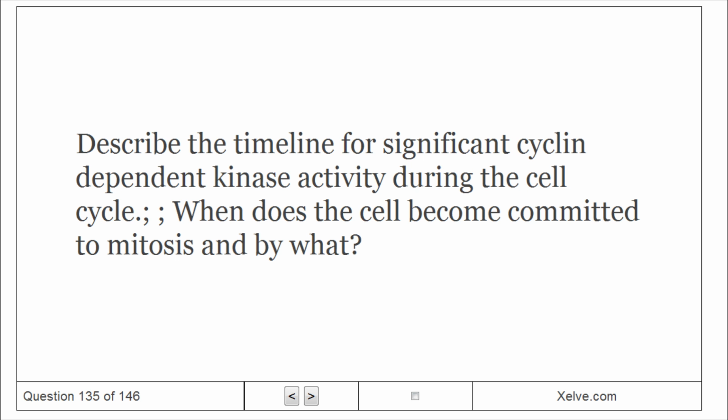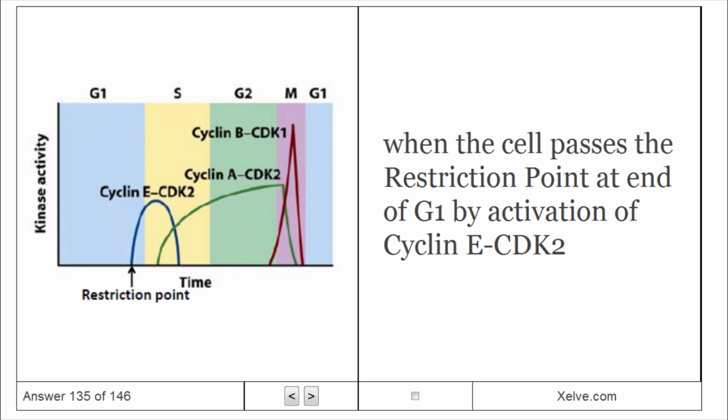Describe the timeline for significant cyclin-dependent kinase activity during the cell cycle. When does the cell become committed to mitosis and by what? When the cell passes the restriction point at the end of G1 by activation of cyclin E-CDK2.